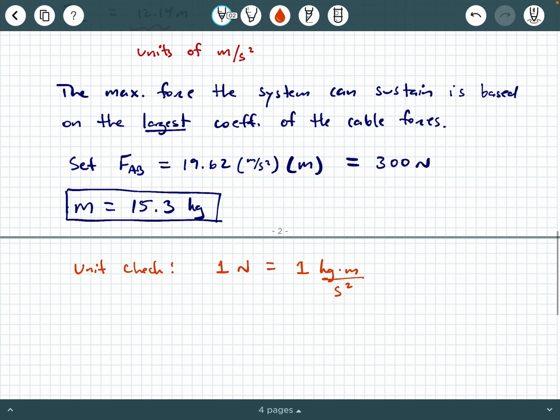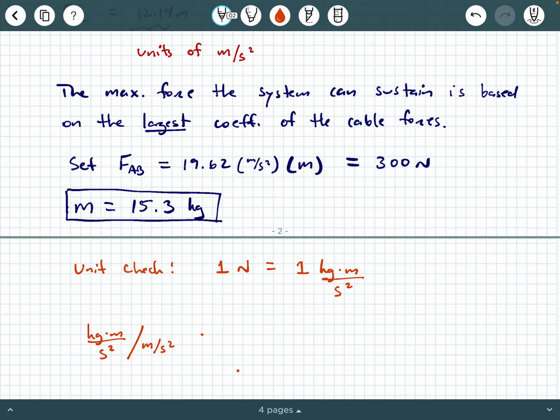And so if I say 1 newton is 1 kilogram meter per second squared, then what I'm really doing when I'm manipulating these units is I'm saying a kilogram times meter per second squared, divided by meters per second squared, right? Because I'm dividing a newton, which is a kilogram meter per second squared, by 19.62 meters per second squared. This meters per second squared will get put into the denominator of that fraction, okay?